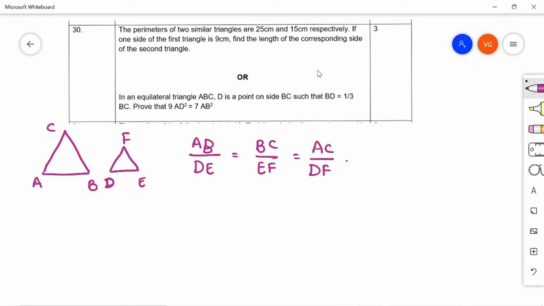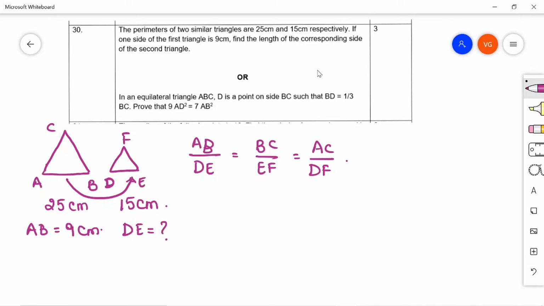Then we say they both are similar figures. You are given the perimeter of the first triangle as 25 centimeter. I am taking that for the bigger triangle, and the smaller triangle I am taking as 15 centimeter. And one of the sides of the first triangle, let us take AB equal to 9 centimeter. They are asking you to find the corresponding side, which is DE.